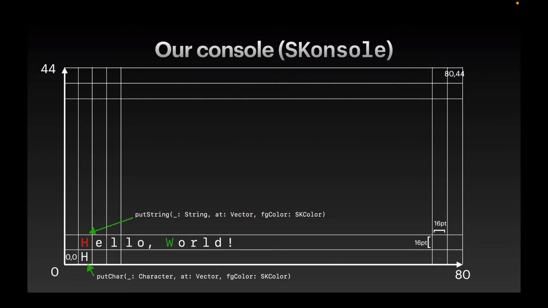We'll call it an SK console, and we will be able to put characters at places on the screen, not just characters, but also, like you saw in the previous demo, graphics at places. But we'll start with just being able to put text on various places on the screen.